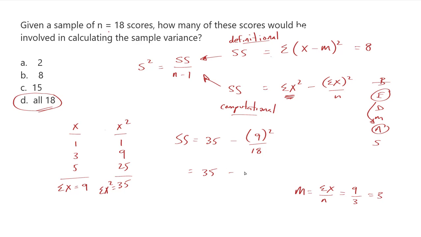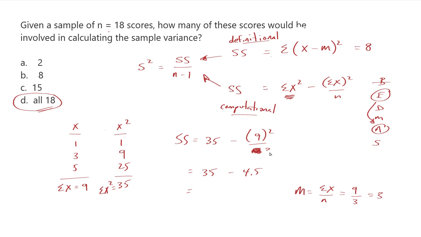So that gives me 35 minus 4.5, and that is not going to give me the right answer. So something is up here. Let's see. 5 squared, 3 squared, 1 squared, okay. 9. 81 divided by 18. Oh, because I'm dividing by 18. This isn't divided by 18.